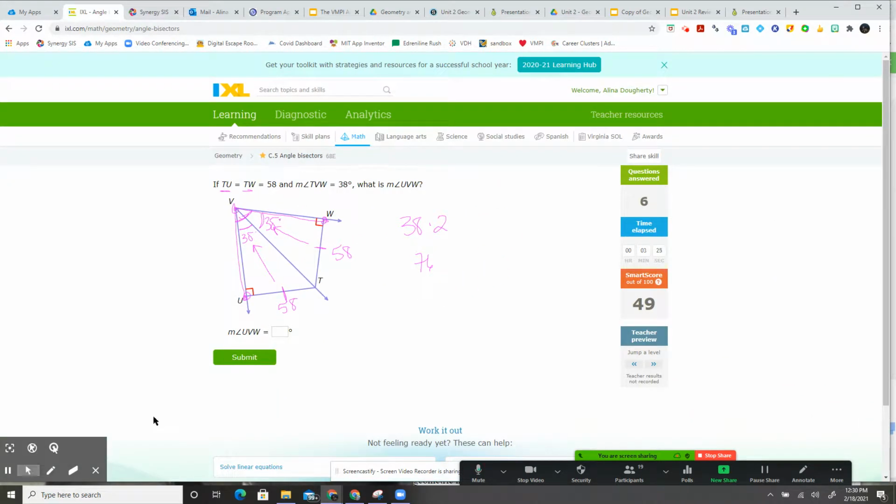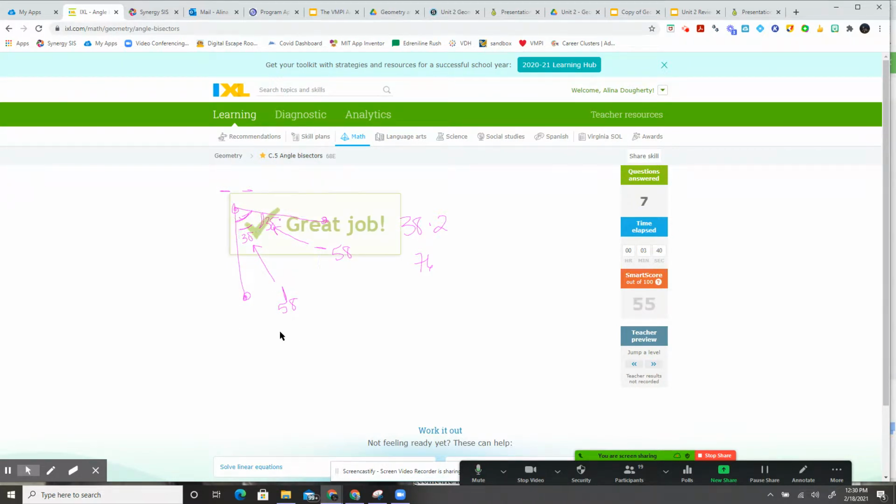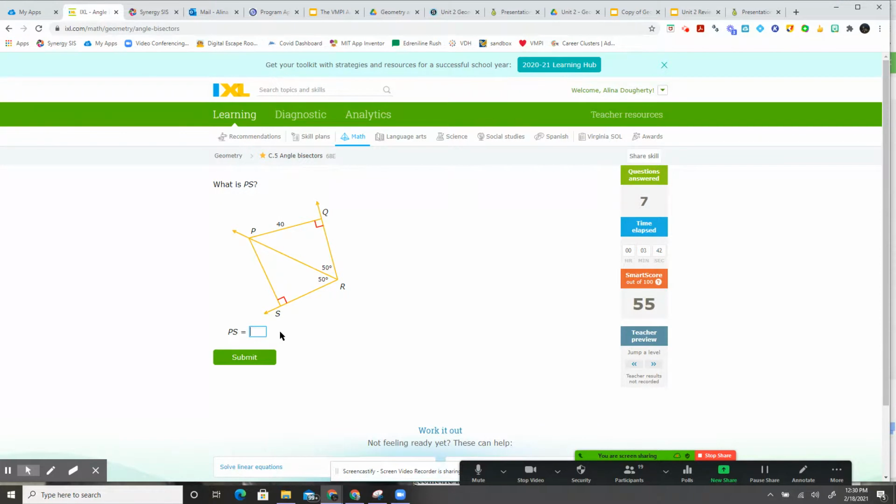Does that make sense? If this piece and this piece are congruent, then the angles opposite them are congruent. That means this half plus this half equals the total. So 38 plus 38 should be 76. Same thing here.